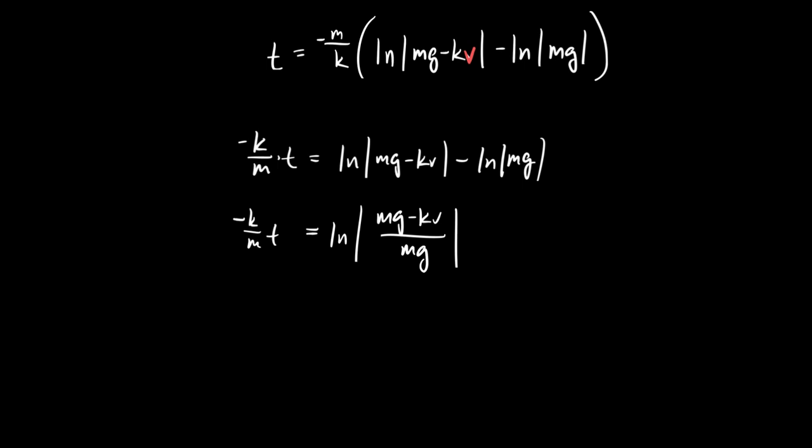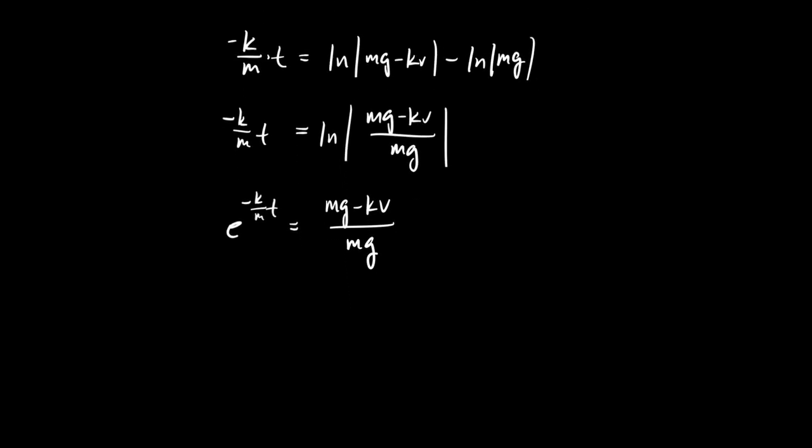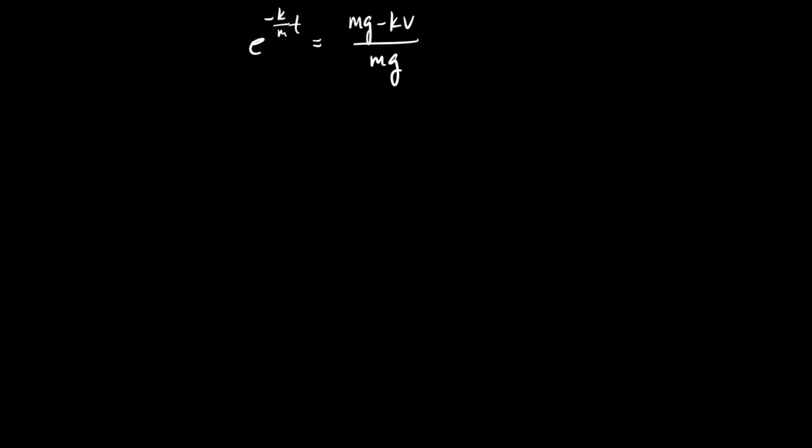The next thing I can do is raise both sides to the base of e. That will get rid of the natural log and free the value of v from inside a log. My next step, of course, is to multiply both sides by mg. Seems like a reasonable thing to do. I think I could do some basic algebra to get kv by itself.